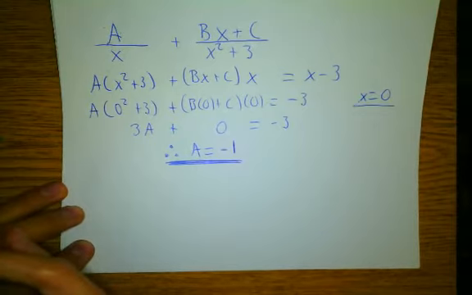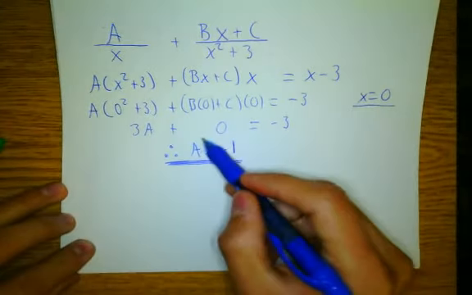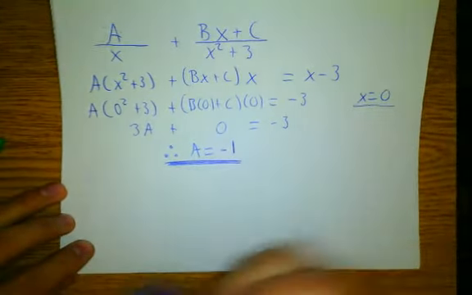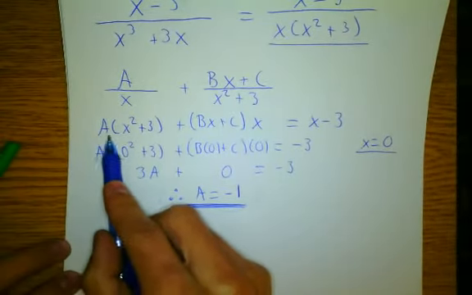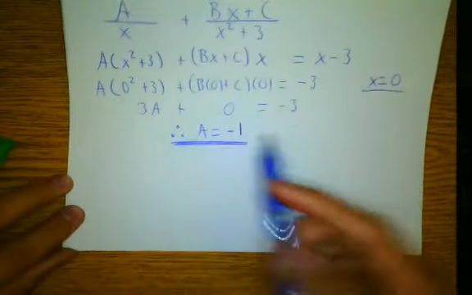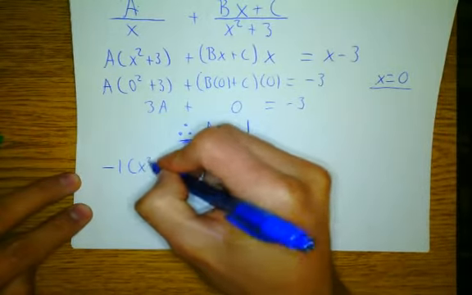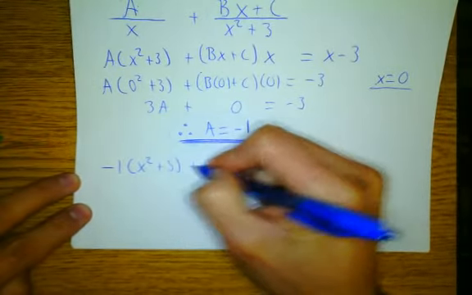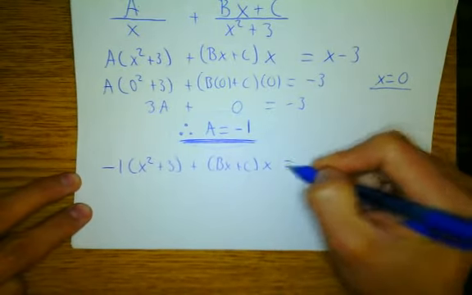We are done with all the x values that are going to cancel things out for us. So what I need to do is, I'm going to rewrite my expression. Instead of having this expression where I have a times all that mess, now I know that a is negative 1. So I'm going to rewrite my expression as negative 1 times x squared plus 3 plus bx plus c times x equals x minus 3.